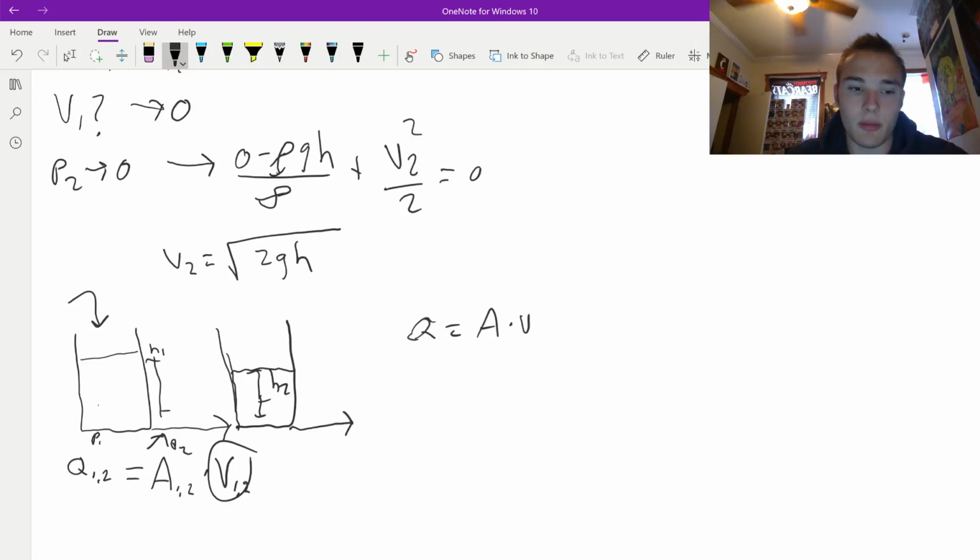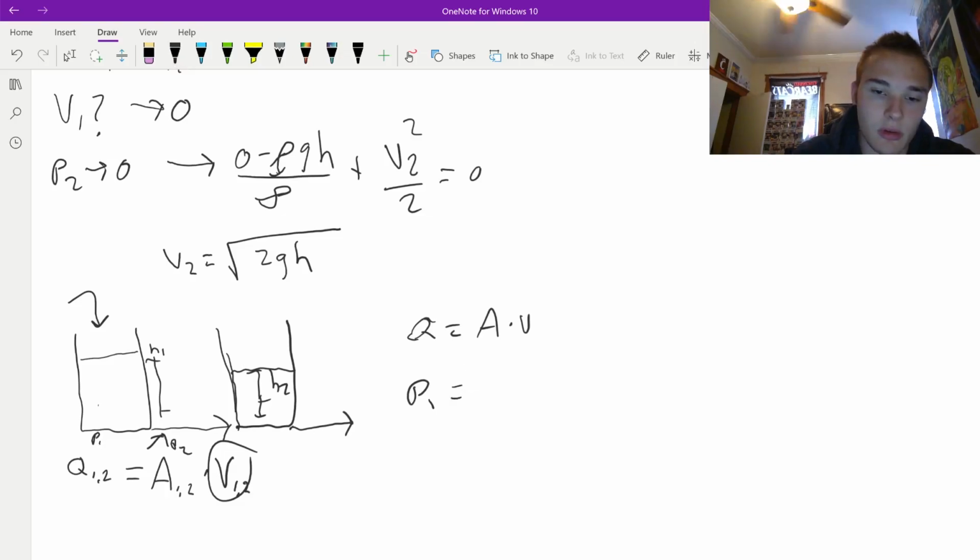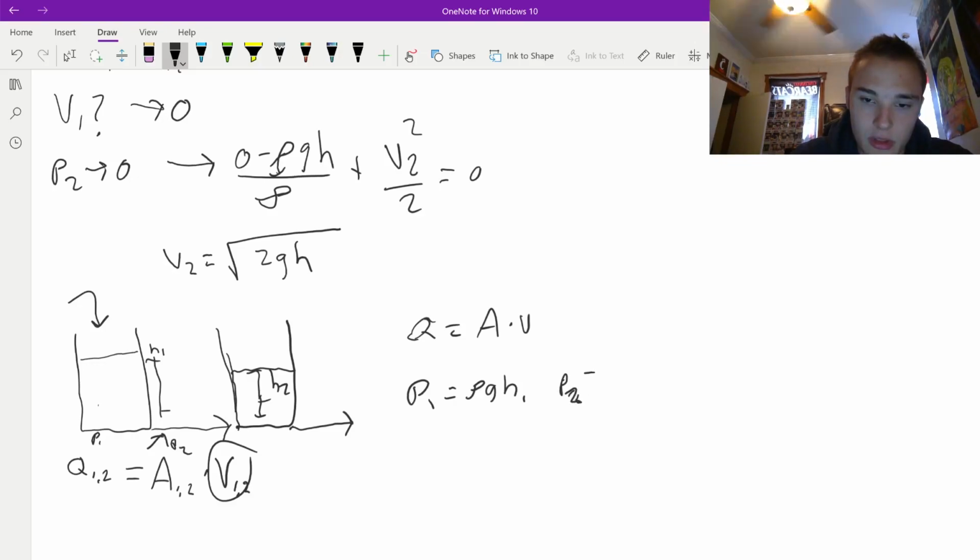If we set up our pressures, we can see that P1 is equal to rho g H1, and H1 is the height of the first tank, and P2 is equal to rho g H2, the height of the fluid of the second tank.